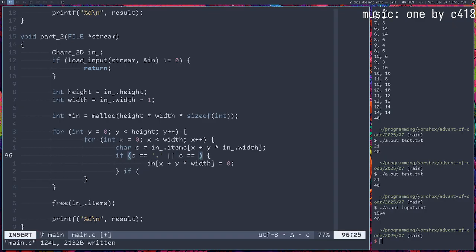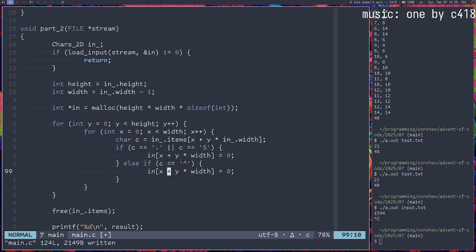I want to also add this condition, or s. Else if it's equal to a splitter, I want to make it -1.